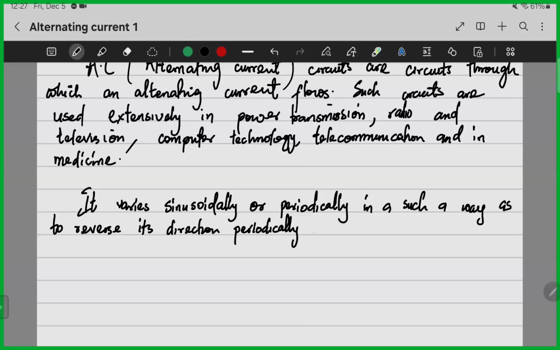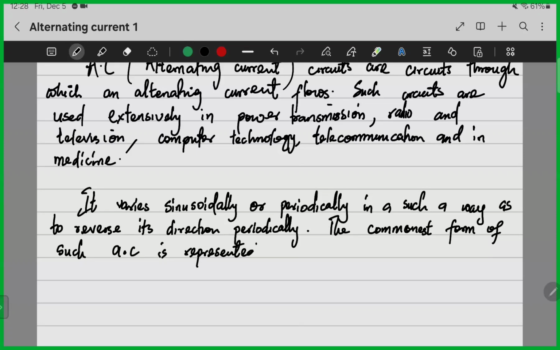So the commonest form, we'll talk about equations. The commonest form of AC or alternating current is represented by this equation that you see here.